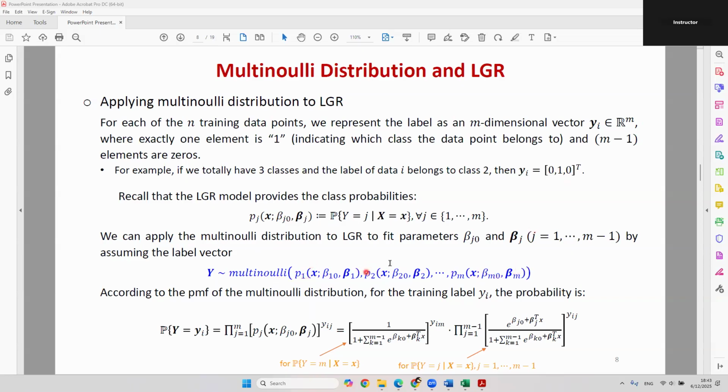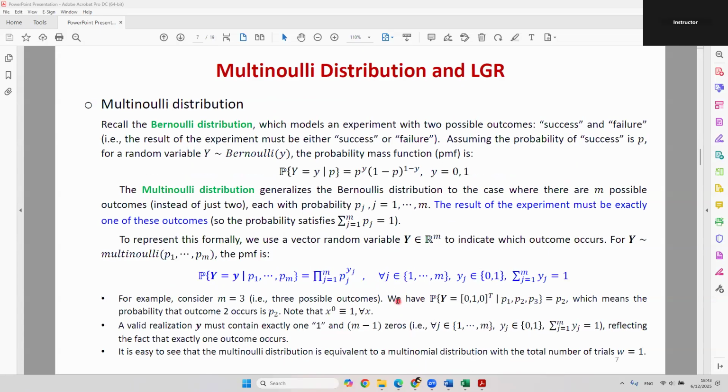Recall that we have already got the explicit form of this P of y equal to y, under the discussion before. The PMF of the multinomial distribution is this, right?